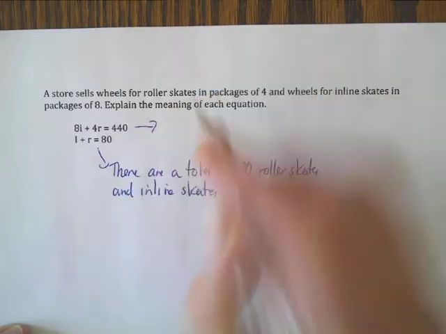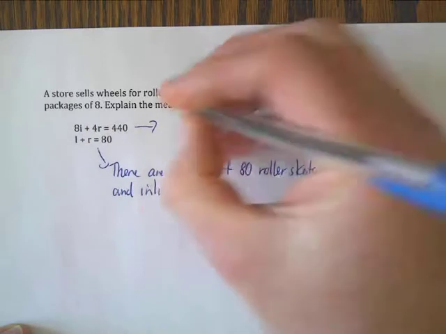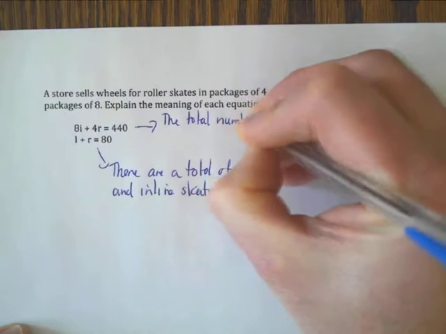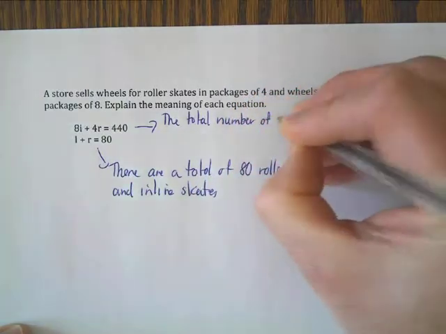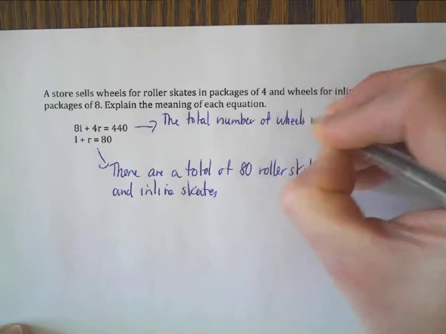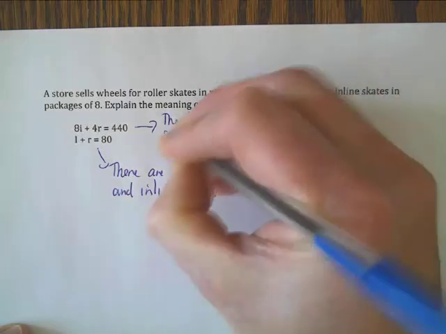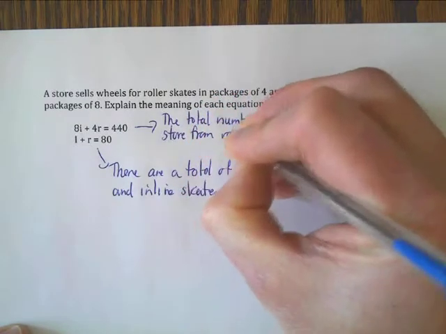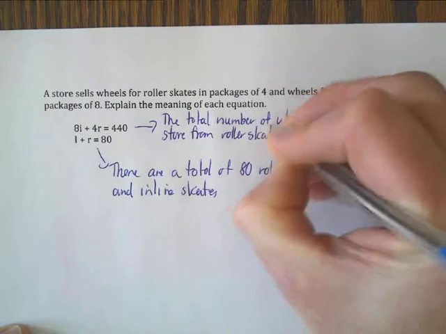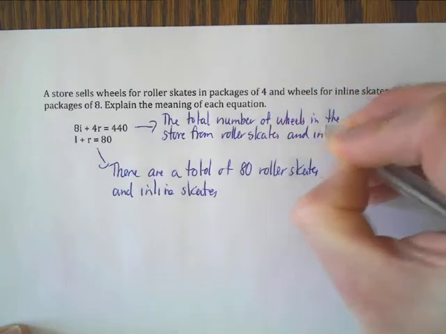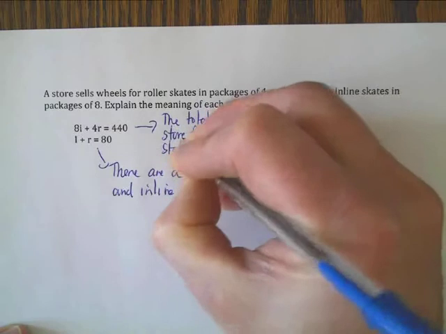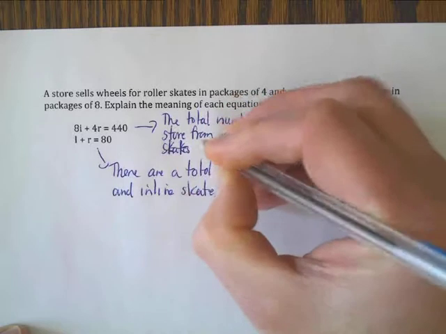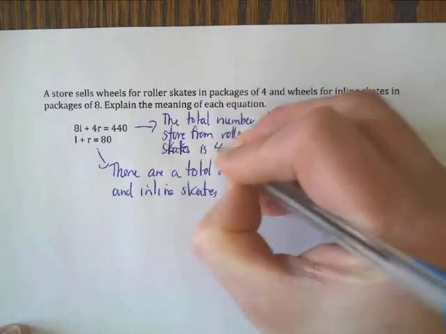And up here, once again referring to wheels, so I would say the total number of wheels in the store from roller skates and inline skates. Sorry, I spelled it wrong. Skates is 440.